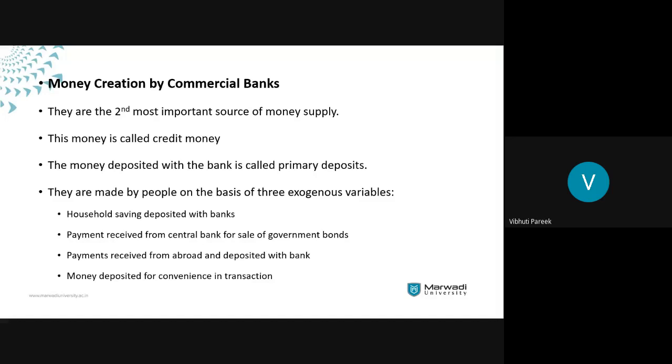Commercial banks are the second most important source of money supply, and the money that these commercial banks generally supply in the economy is termed credit money. So what is credit money? If the term credit money is given to someone who hasn't been through the theory of macroeconomics, what will a layman think of this term, credit money?